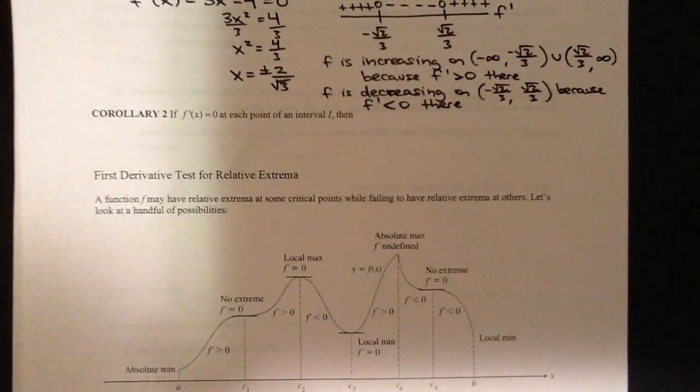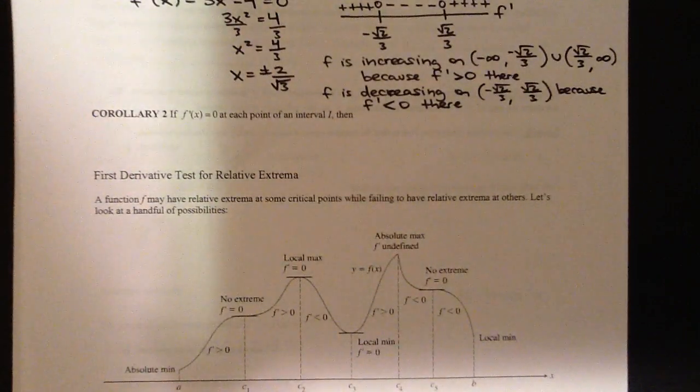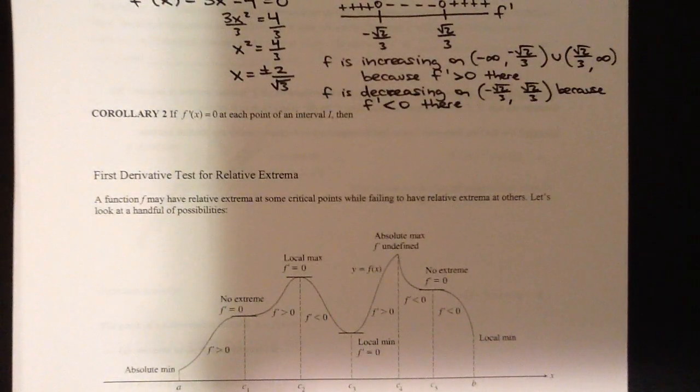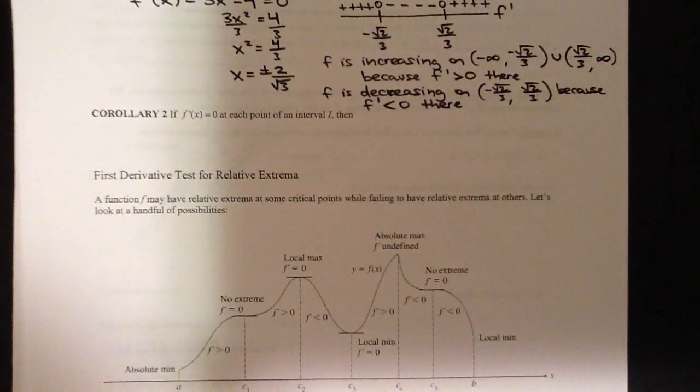So here's a little corollary. This is a little bit strange. But so if we know that f prime is equal to 0 everywhere, so we know that the derivative is always 0, that means like a constant horizontal line for the derivative. The derivative is only equal to 0 if, like I said, my function is a horizontal line.